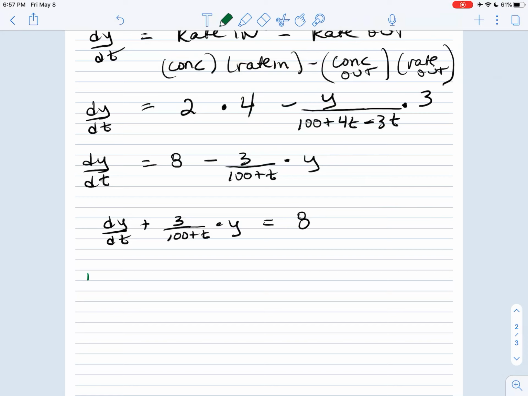Next step, my integrating factor is going to be e to the integral of p of t dt, and our p of t is the plus 3 over 100 plus t.